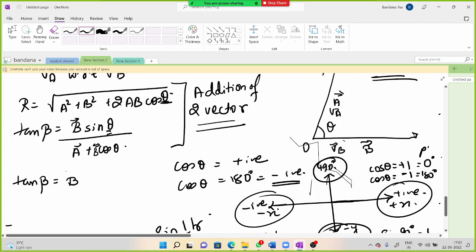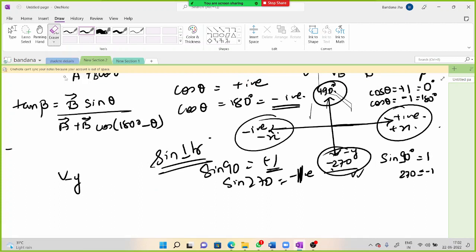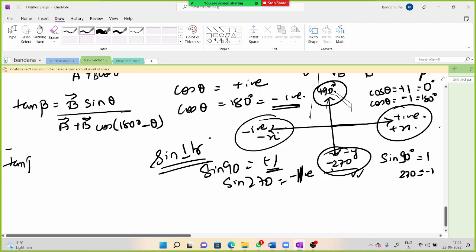Just like here also, we will do a b sine of theta, or a plus b cos of 180 degree minus theta, right? Or we can write it as tan beta is equal to b sine of theta divided by a minus b cos of theta.